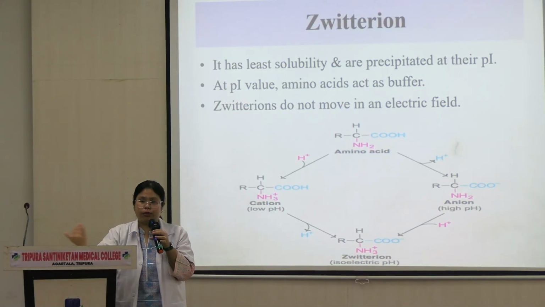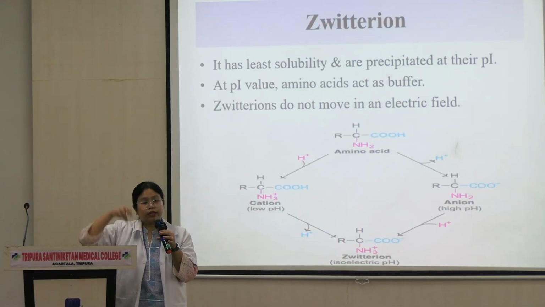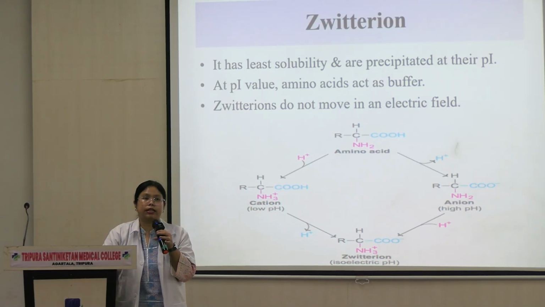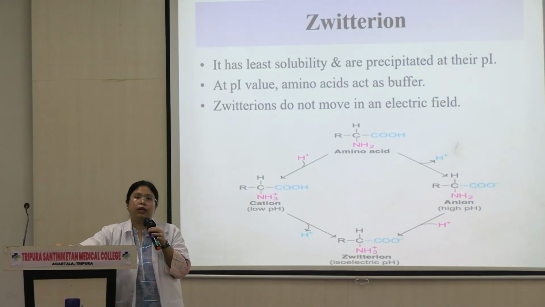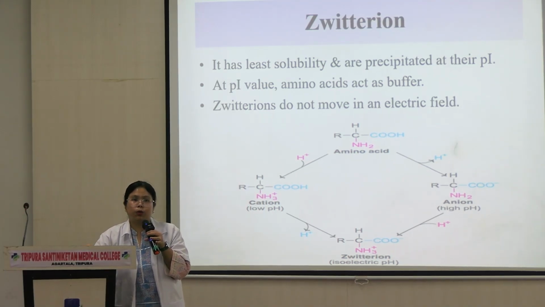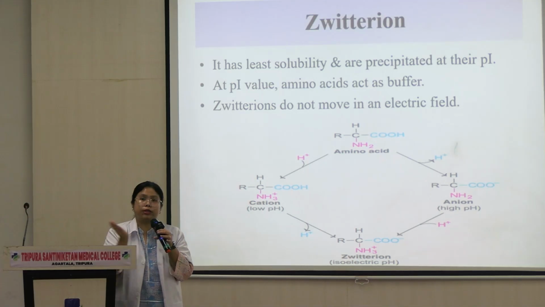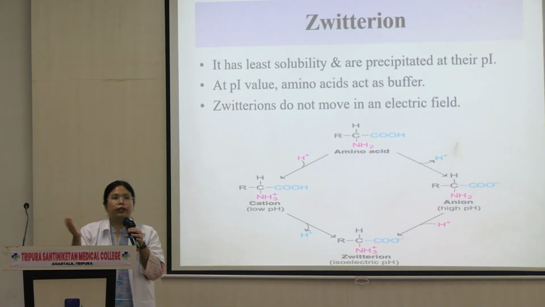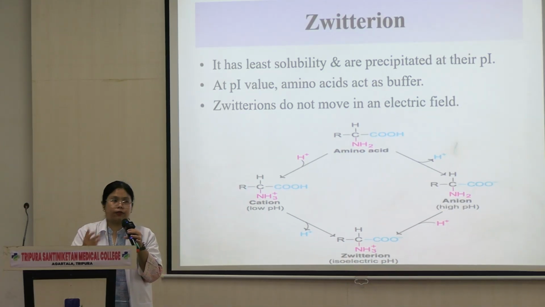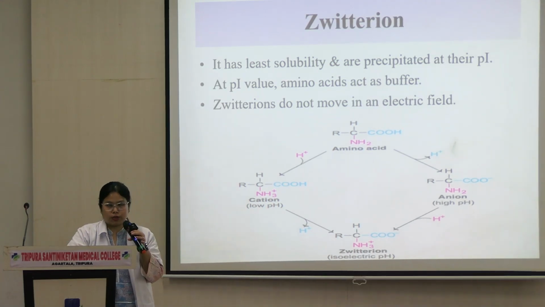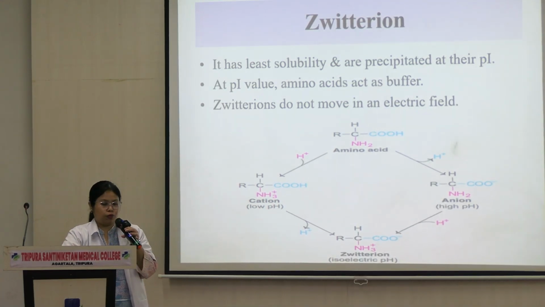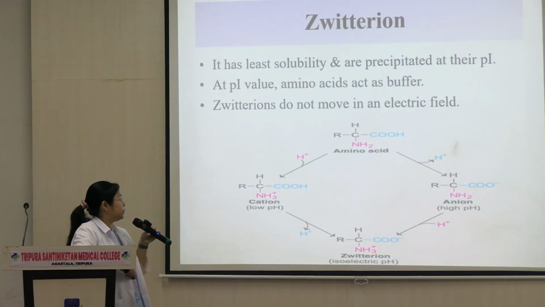So we put them through an electric field, and say DNA is negatively charged, so it will move towards the positive pole, and the molecules that are positively charged, they'll move towards the negative pole because of the charges in them. But क्योंकि Zwitterion के पास कोई charge नहीं है, net charge is 0, it doesn't move in the electric field. Alright?